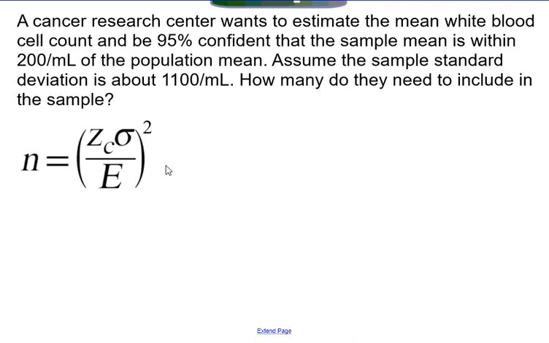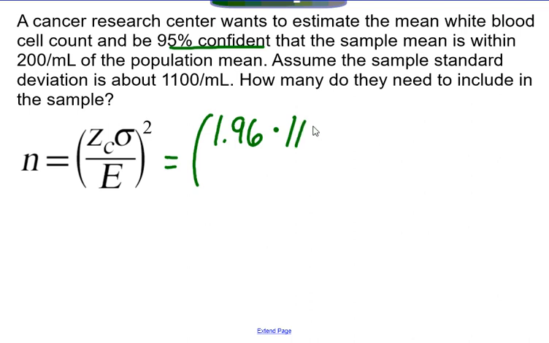So we use the formula. The critical score, if we're going to be 95% confident, is 1.96 times the standard deviation, which for ours was, is that 1,100?